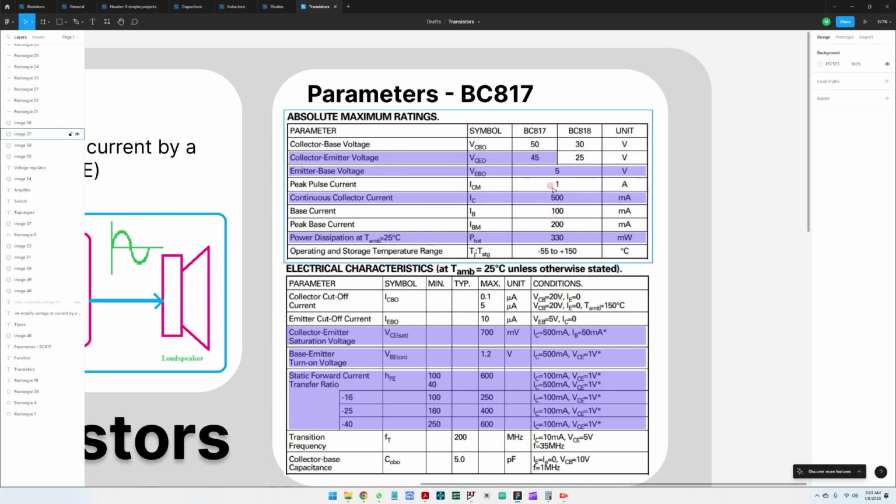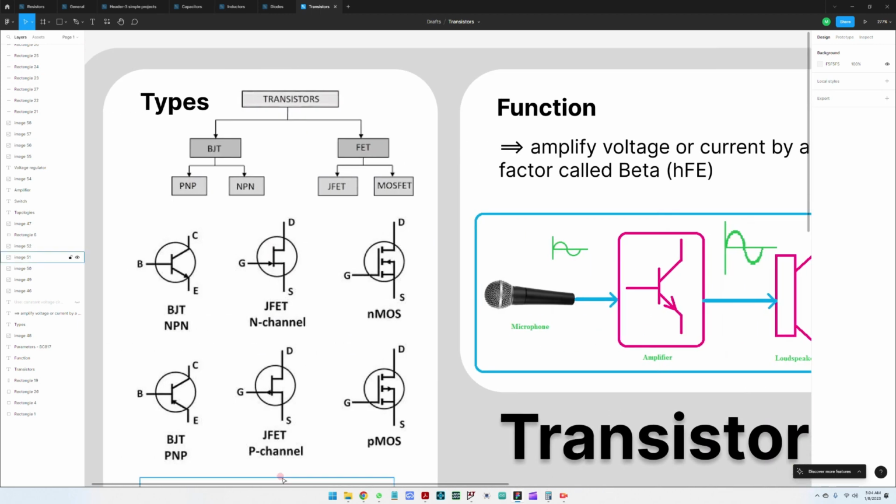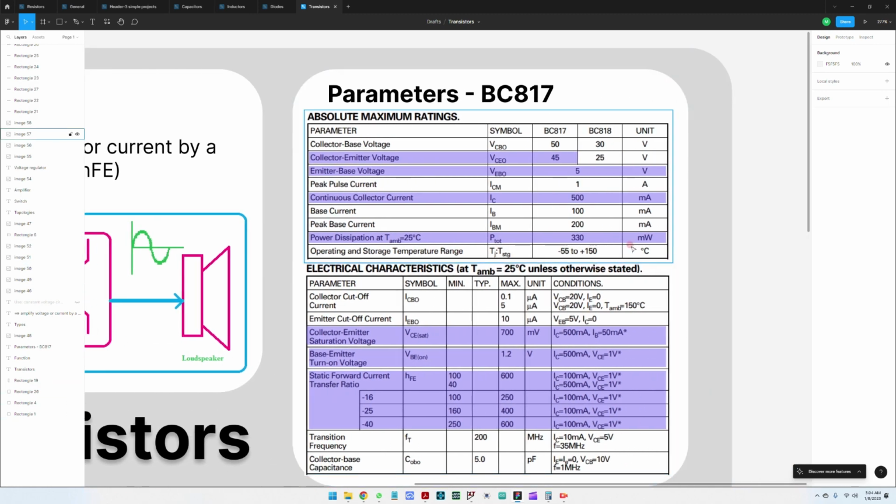The continuous current that can go from the collector to the emitter for this transistor is about 500 milliamps. The power dissipation is very, very important, so we have to do the calculation. The power is voltage times current.